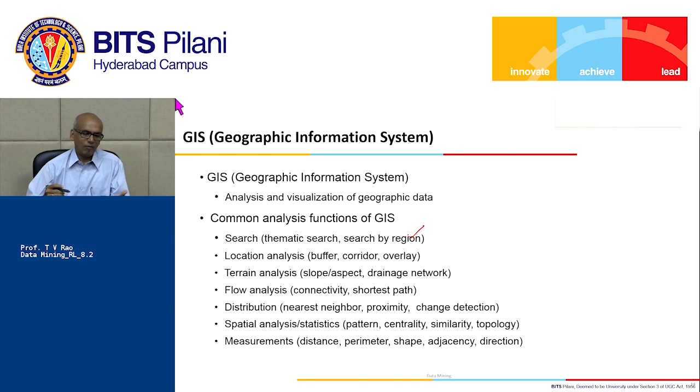Similarly, we may do a terrain analysis or a flow analysis, or look at other kinds of spatial statistics, and we may also use measurements such as distance, perimeter, etc. All of these elements are particularly important with geographic information.